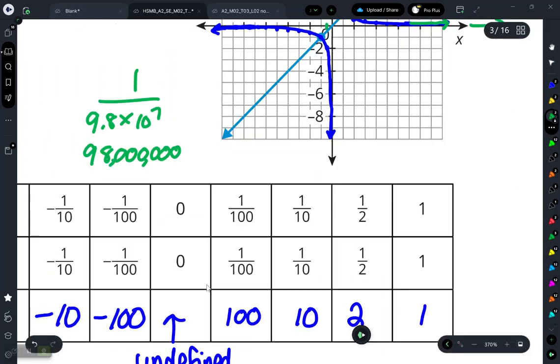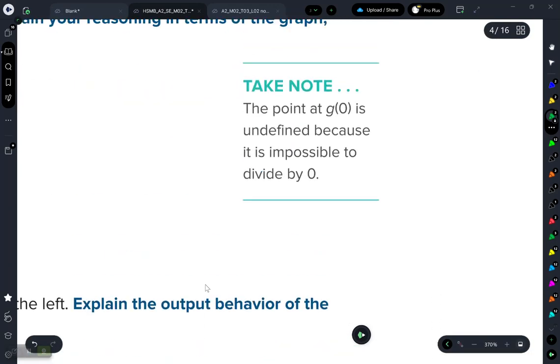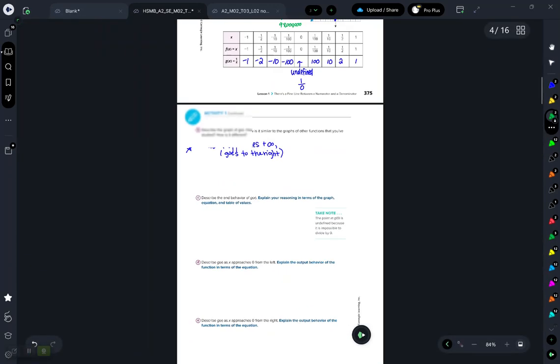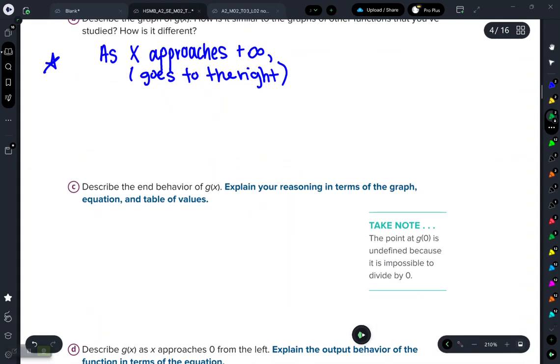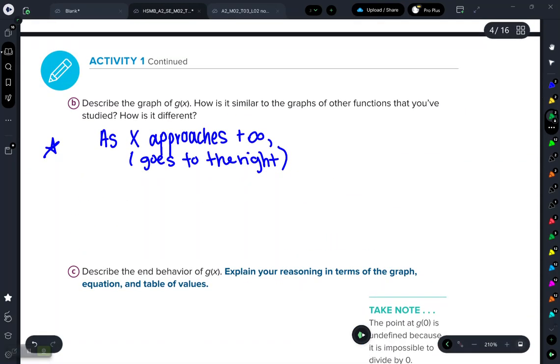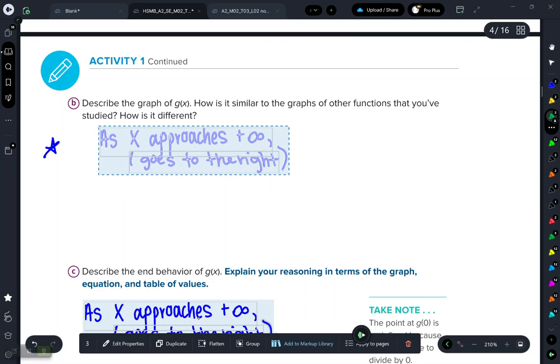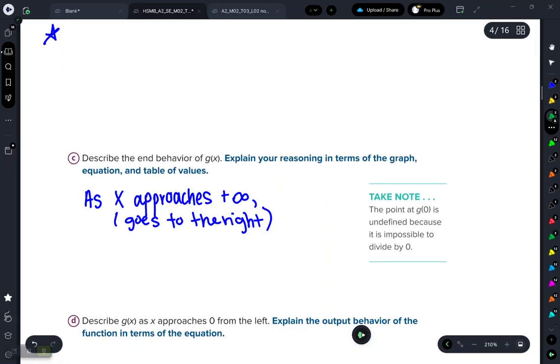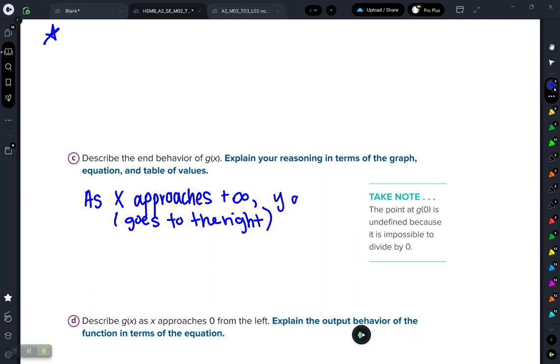So back to that question, which was C. Or I thought I was writing on C. I guess I wrote on B. Hold on, let me move that back down. Okay, we're doing C together. As x approaches positive infinity, y approaches 0.